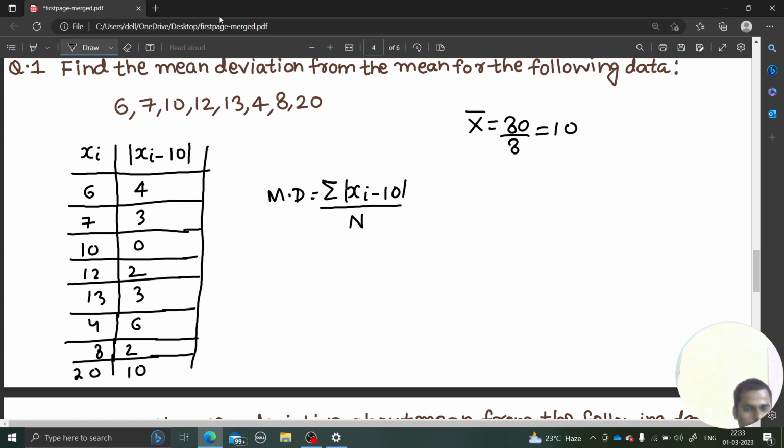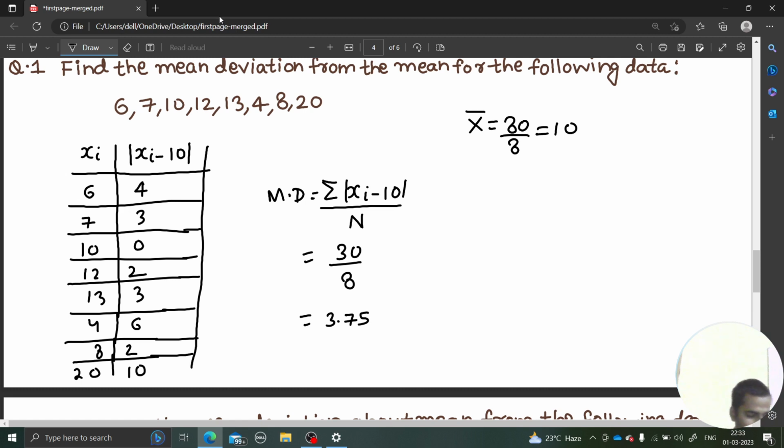So if you take the sum, it will be 4 plus 3 is 7, 7 plus 2 is 9, 12, 18, 20 and 30. Let's calculate it once again. 7, 9, 12, 18, 20 and 30. So 30 divided by, what is the number of observations that we are having? 8 observations. So 30 divided by 8 is going to give you something like 3.75.